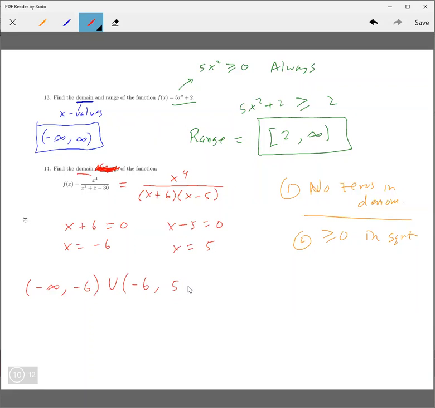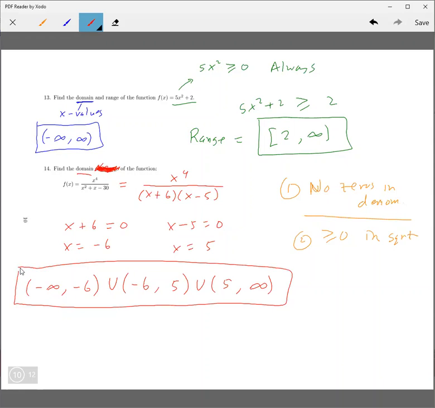This interval also does not include -6, and these intervals don't include 5. This interval doesn't include 5 either. So that would probably be the best way to write the answer. Maybe it's the only way to write the answer.